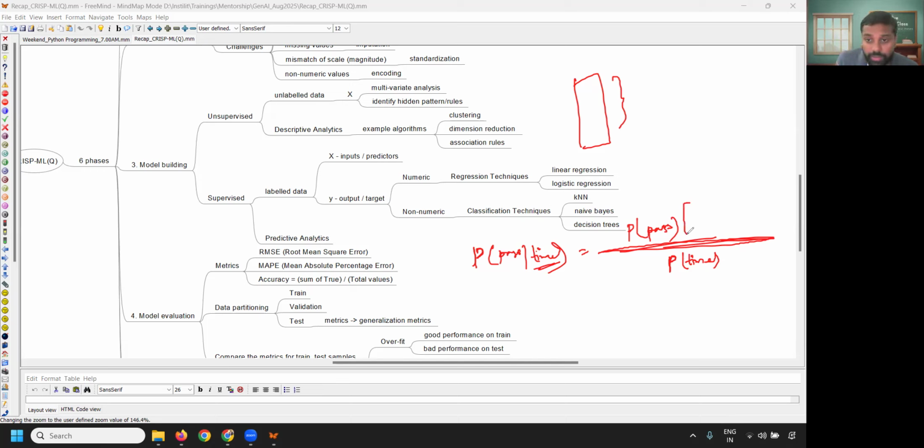Then in the numerator, this is very important. We will see how many times the student has spent 5 hours and passed the exam. So I'll look into all the past cases first, not the entire data. Out of 100 exams, 95 times the student passed.